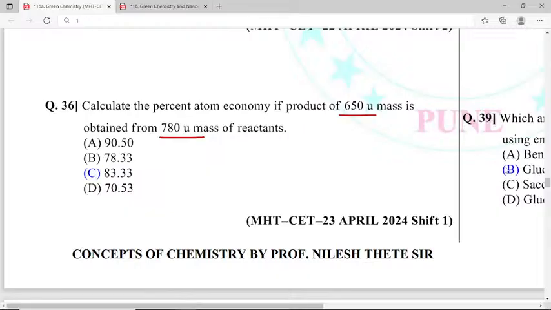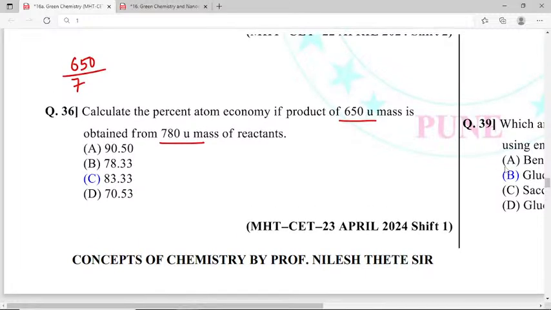The mass of product is 650, so this is 650 divided by the reactant 780, multiplied by 100. The zeros get cancelled first, then we get the answer 83.33.